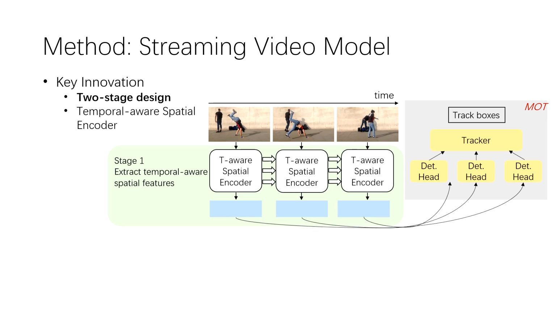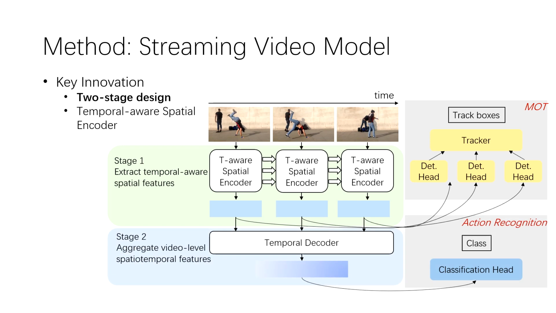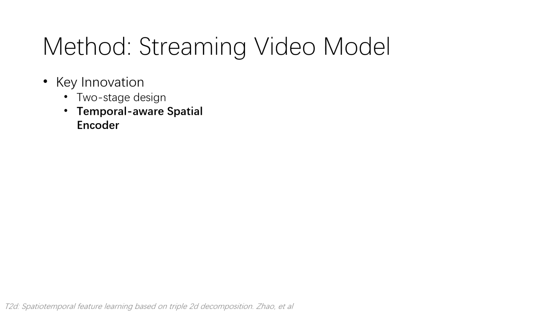These spatial features are also amplified by a temporal-aware mechanism, making them more representative and robust than those derived from a simple image model. These Stage 1 temporal-aware spatial features serve frame-based tasks like multiple object tracking. The second stage employs a temporal decoder to aggregate video-level spatial temporal features, used for sequence-based tasks like video action recognition.